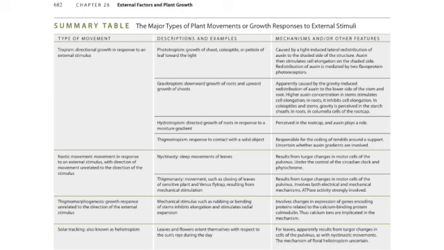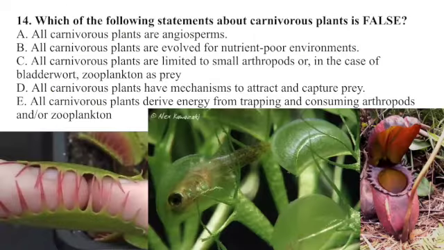from Raven. Number 14. Which of the following statements about carnivorous plants is false? A, all carnivorous plants are angiosperms. B, all carnivorous plants are evolved for nutrient poor environments. These sound right.